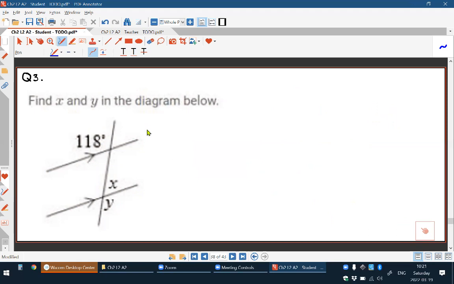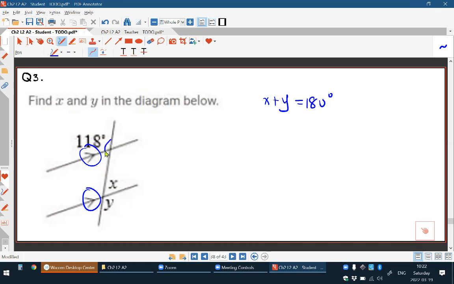Find X and Y in the diagram below. This time, note these two little marks. That means these two lines are parallel, right? Remember, you can use these little marks to mark the lines that are parallel. Then we know that, first of all, X plus Y must be 180 degrees, because this is a straight angle.